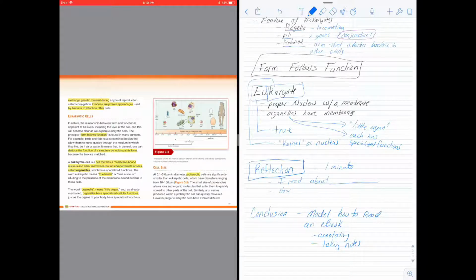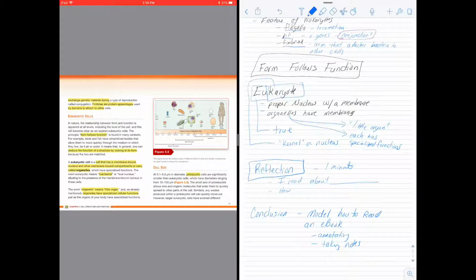I wasn't going through and quickly highlighting as I read. I understood what I read because I was taking notes and organizing the information, getting rid of all the extra words in the paragraphs, and writing down the details that I need in order to study for a test, to understand a concept, or to gather the information I need to write a paper. So you need to do this when you're reading an ebook.